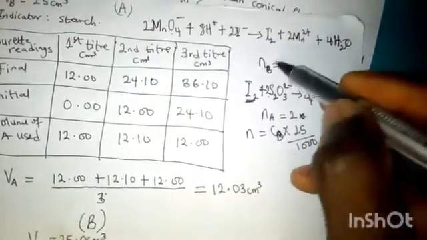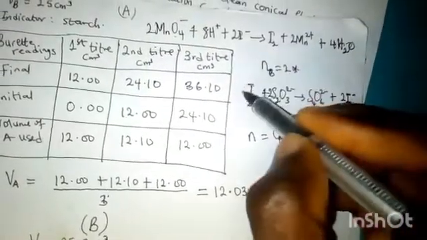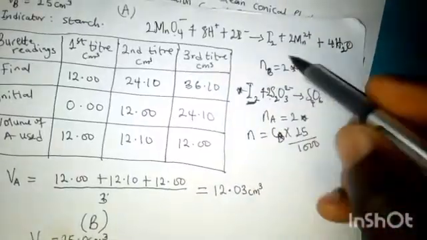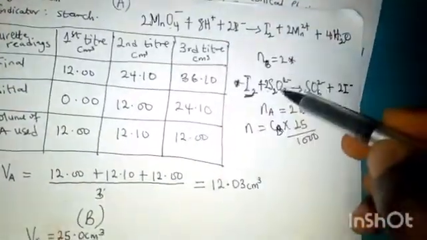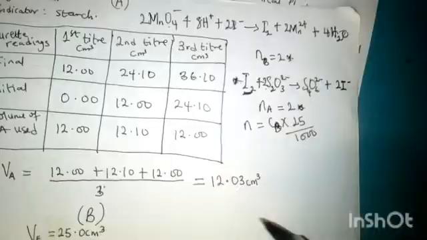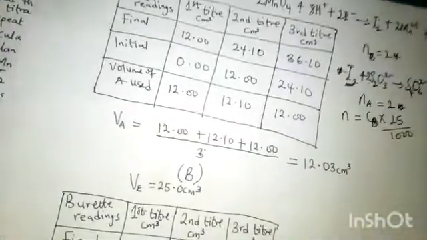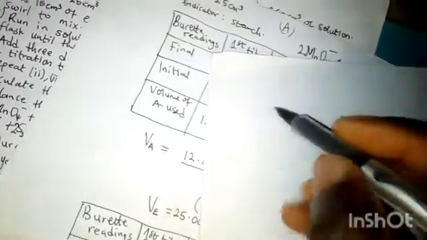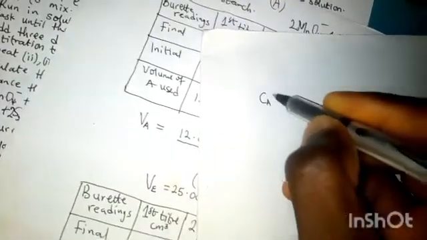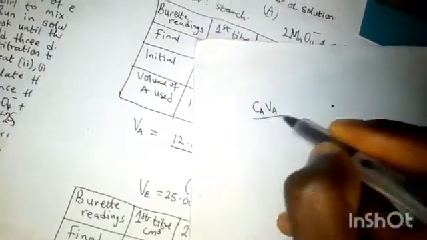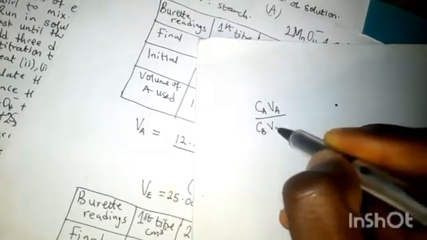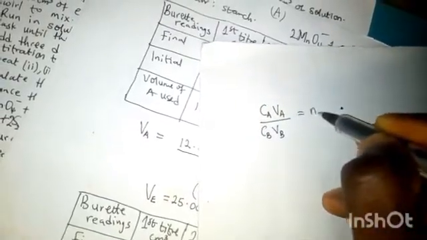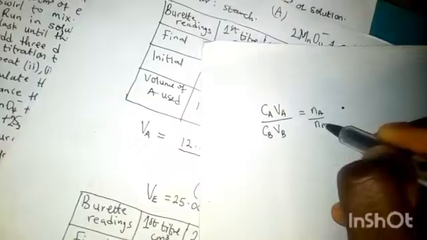But instead of using this, we would be using the number of moles of iodine, because it is not KMnO4 that reacted with this, it is iodine. So by virtue of what we have here, we can make our calculations: CAVA over CBVB equals NA over NB.